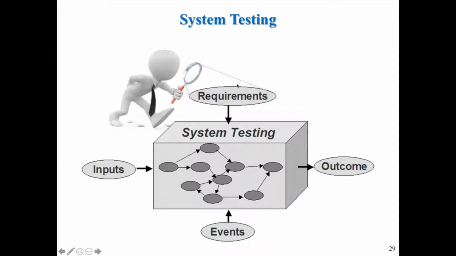The very first thing that you will be testing in system testing is, are all the requirements met? There will be a list of requirements. First of all, check that all the requirements are met. Then check the requirements for different inputs and under different events.